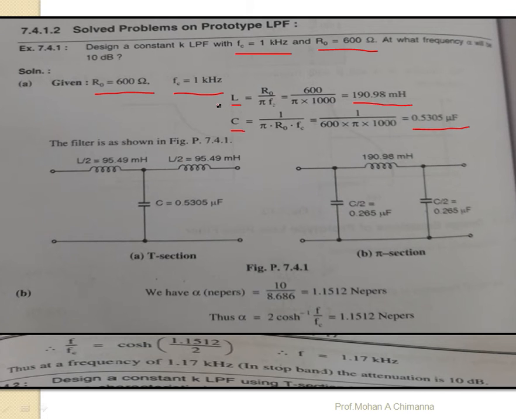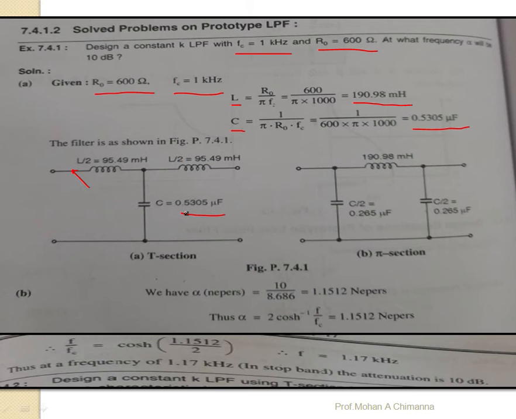So first we calculate the required component values. This is the T section. In the T section there is Z by 2, meaning L by 2. L by 2 means this value is 95.49 millihenry, and the value of the capacitor C is 0.5305 microfarad.